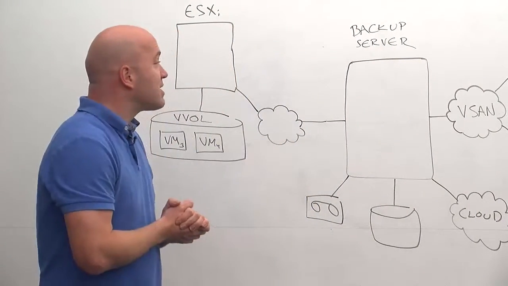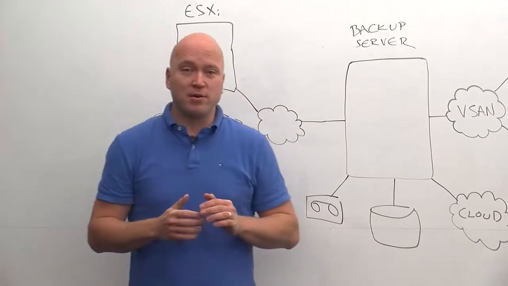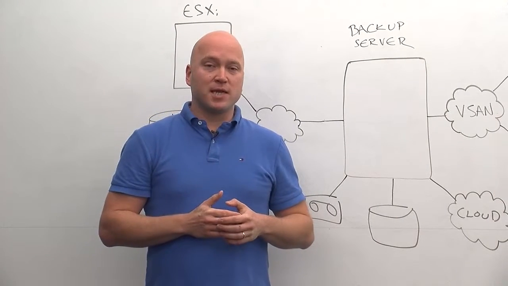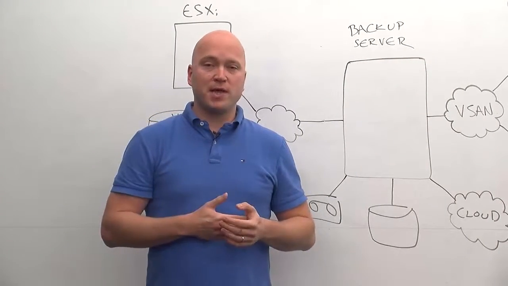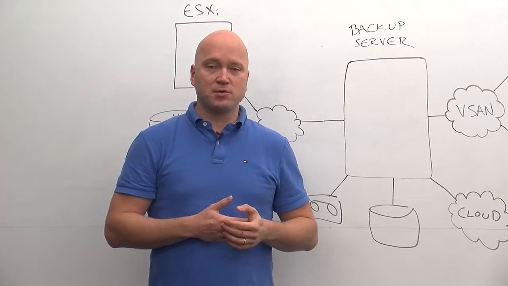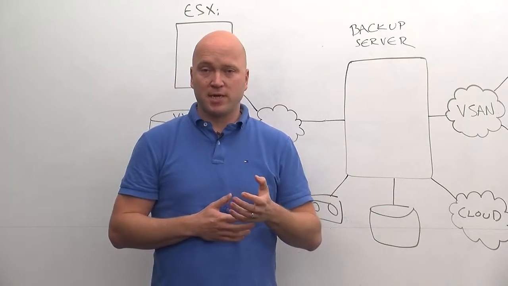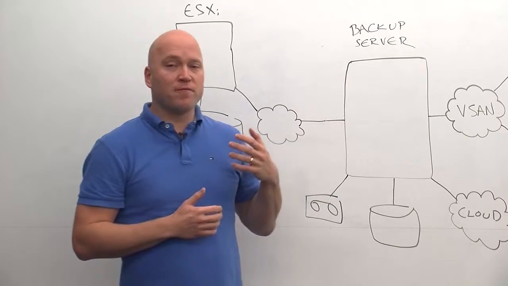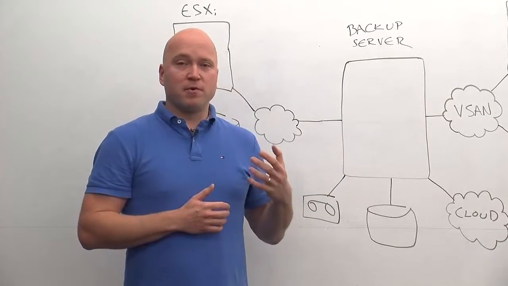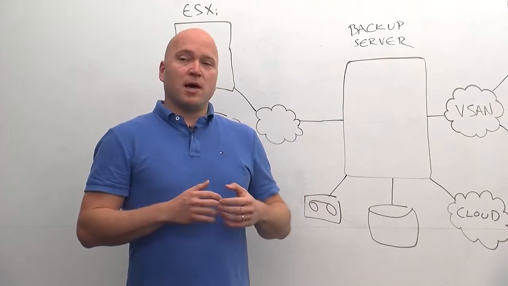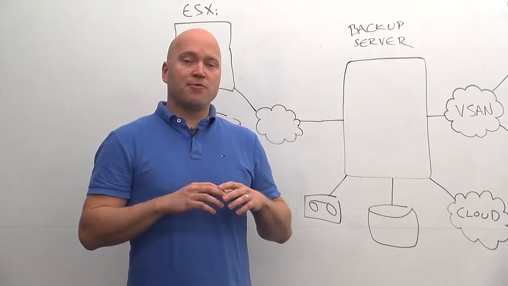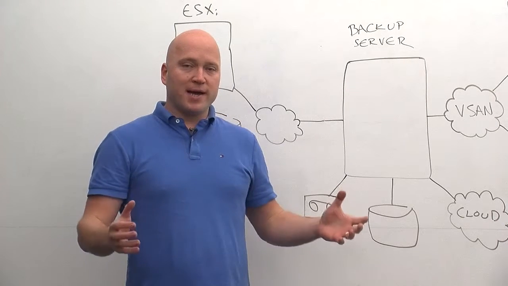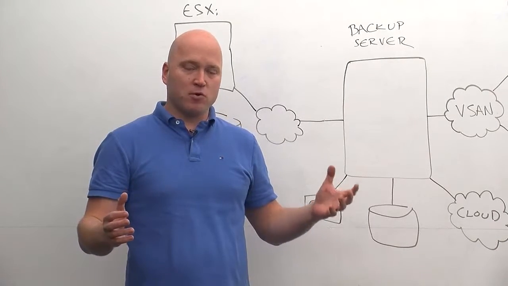So let's have a look first of all, what do we have here? vSphere 6 is the latest release by VMware, and with that, VMware introduced a couple of new things on the software-defined storage side, something called VMware Virtual SAN and also VMware Virtual Volumes. They both address a couple of different sides of software-defined storage.